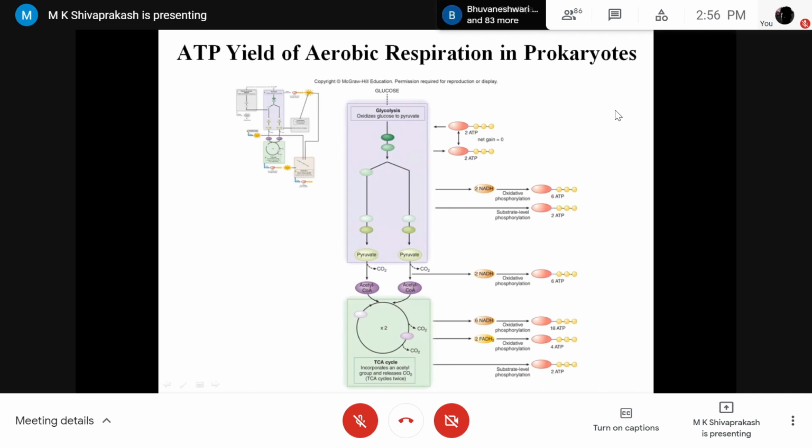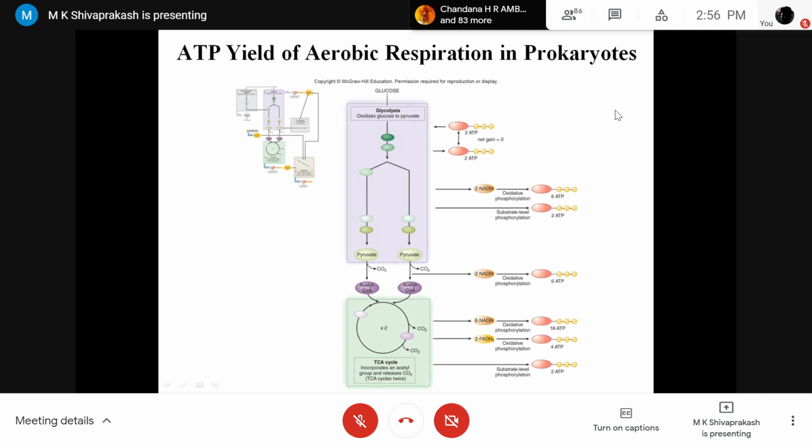At this stage, how many ATPs and how many NADH are produced, all that is shown. Then the end products of the glycolytic pathway are two molecules of pyruvic acid. Each molecule via acetyl-CoA enters the TCA cycle.